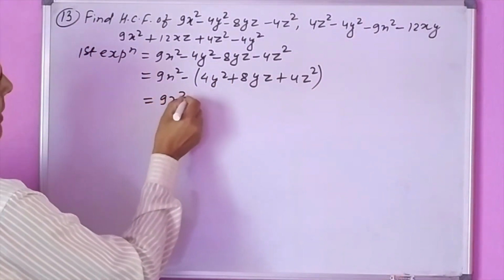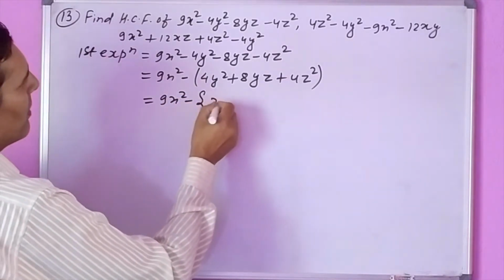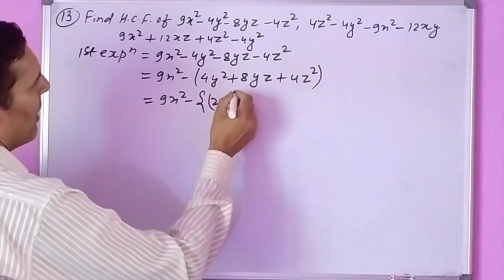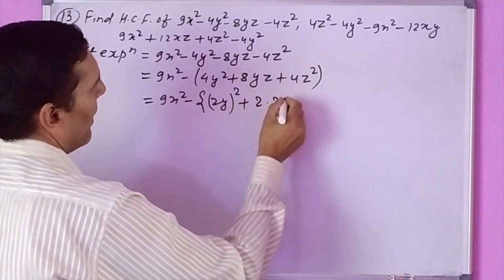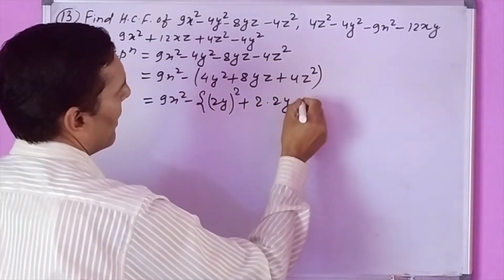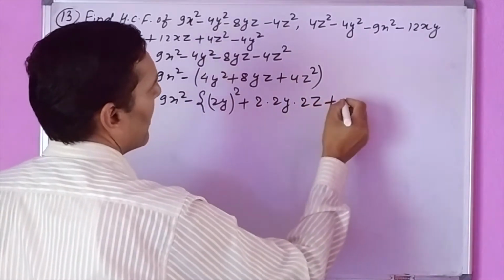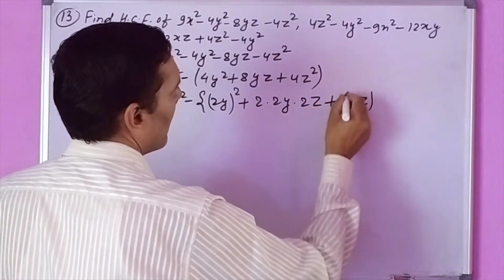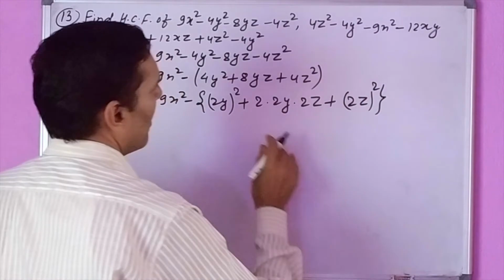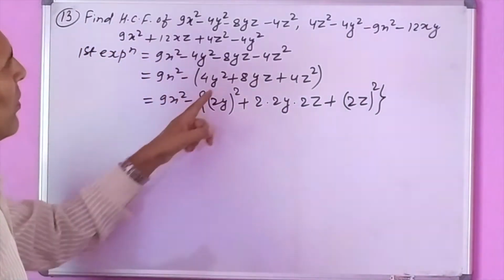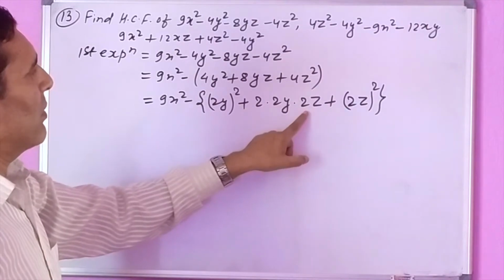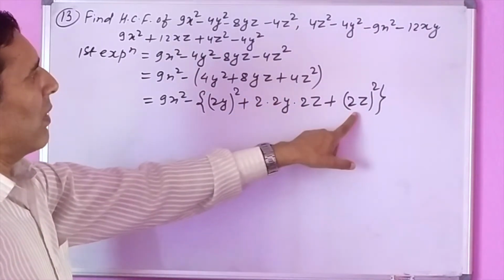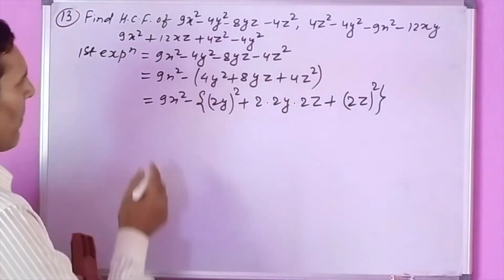So 9x square as it is, and 4y square, square of 2y, plus 2ab, where a is 2y, b is 2z, we get 8yz from here, and this 4z square, square of 2z. It is 4y square, square of 2y, 2 times 2y times 2z is 8yz, and square of 2z is 4z square.